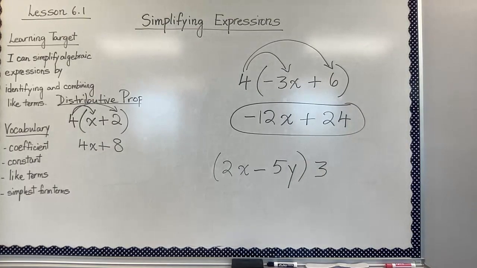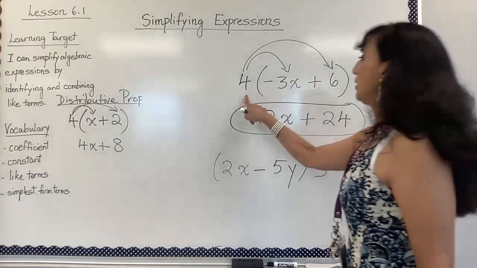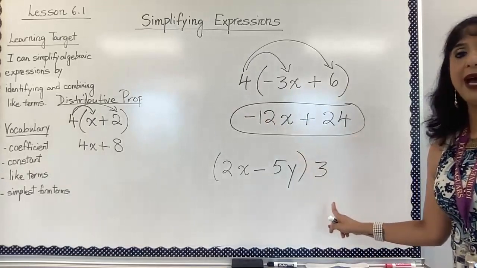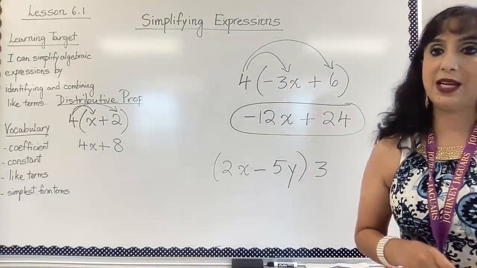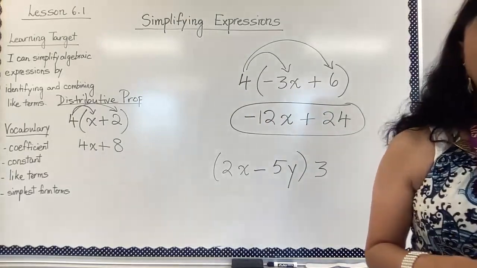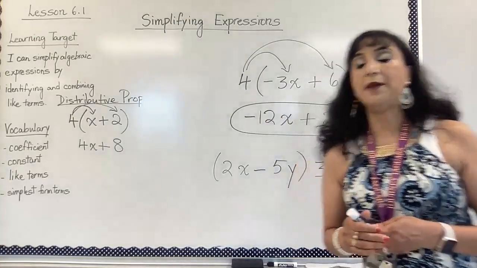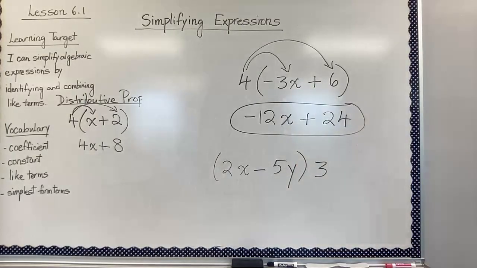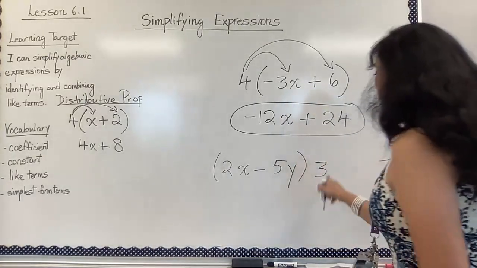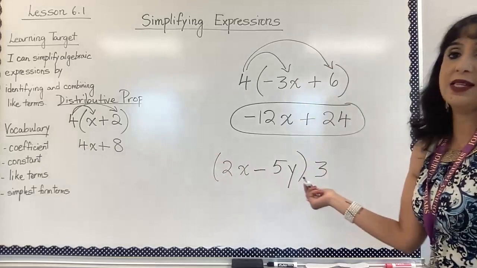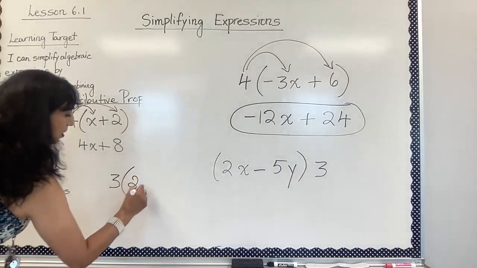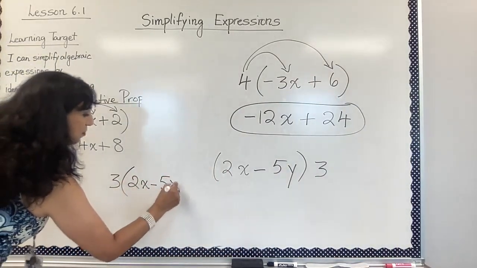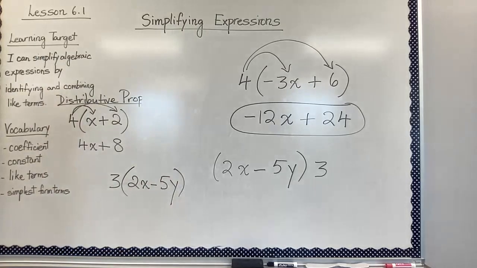Now, whether I write a number in front or at the back, as long as it's outside the parentheses, I am basically multiplying it with each term inside the parentheses. I can also put the 3 in the front. It means the same thing. If I write it like this, 3 times (2x minus 5y), this basically means the same thing.